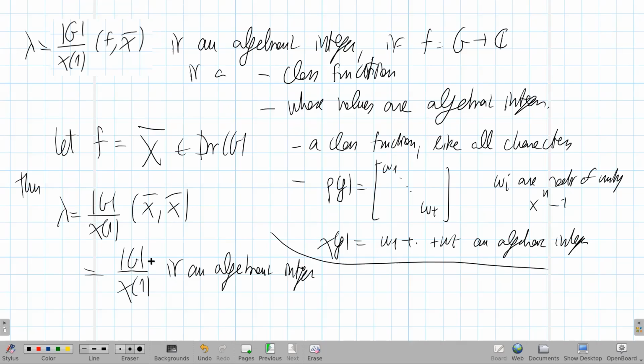But of course, this is the quotient of the order of the group, which is an integer, over the dimension of the underlying vector space, in this particular case. So it's also a rational number. But we recall this fact that you no doubt knew very well, that this implies that this is an integer, okay?